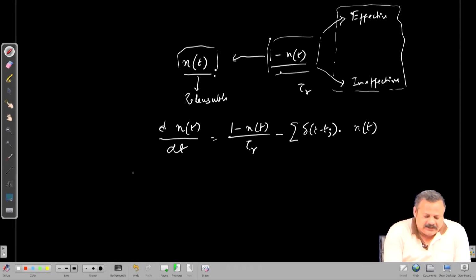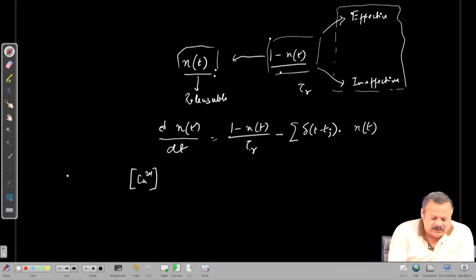So basically we need the internal calcium concentration to come into play in this whole picture, in the presynaptic side.